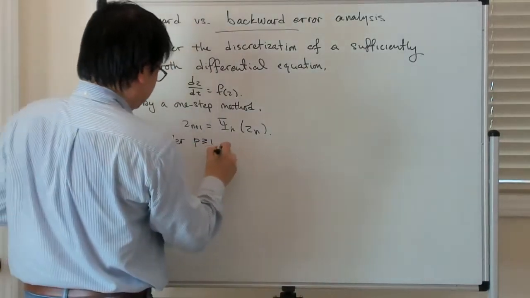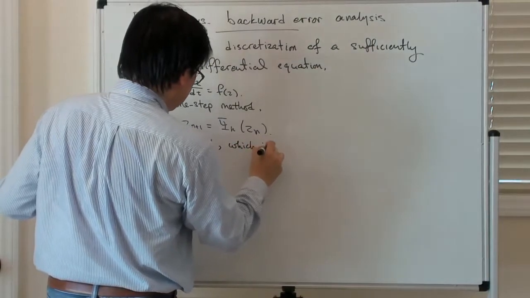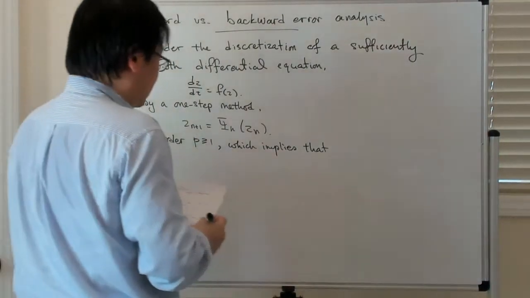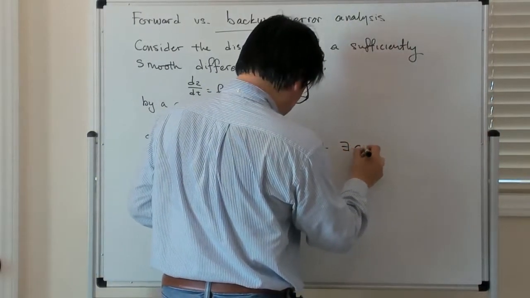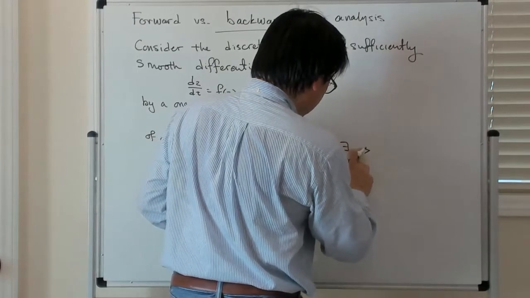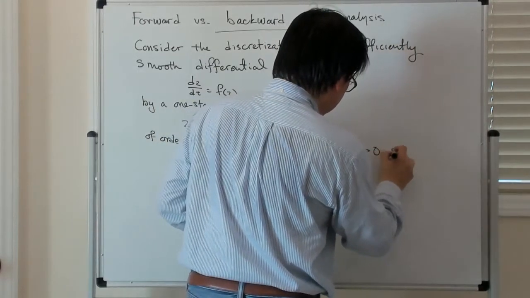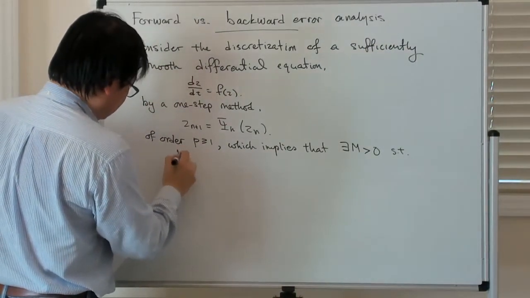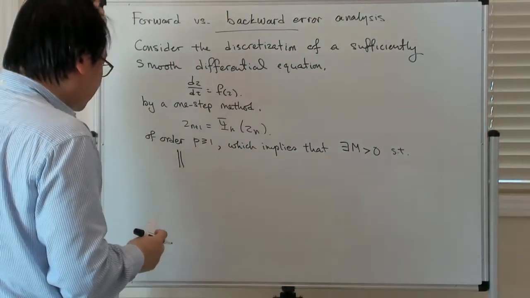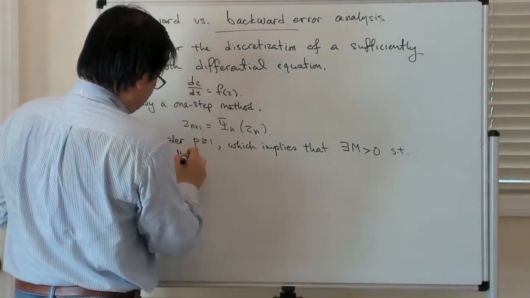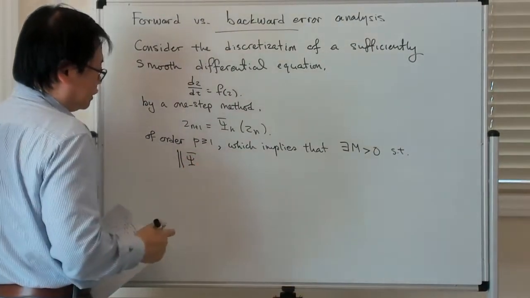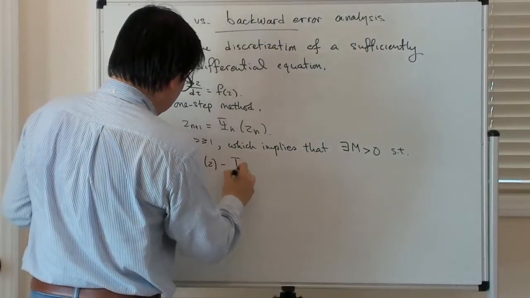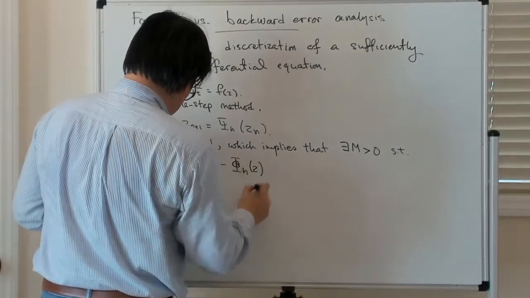Okay, which implies that there exists a constant, let's call it M, greater than 0, such that if you look at the norm of the numerical one-step method, Psi_h applied to z minus Phi_h applied to z.